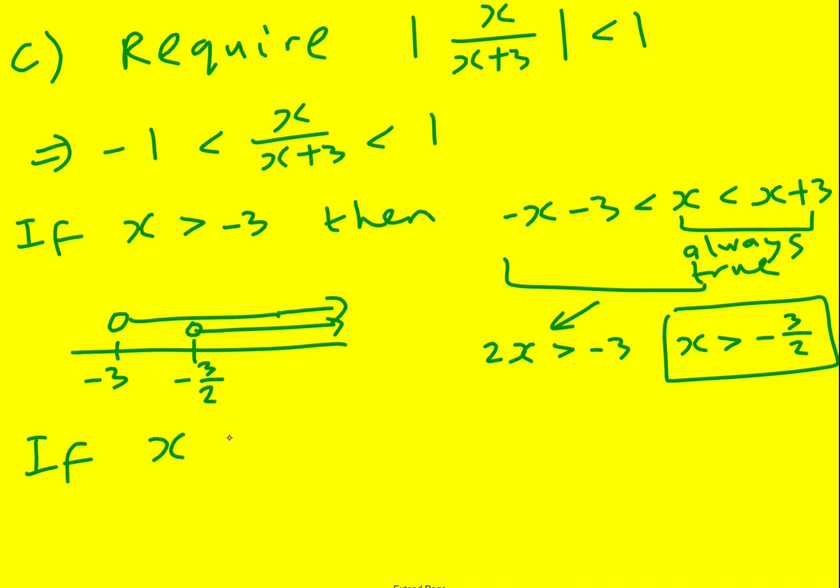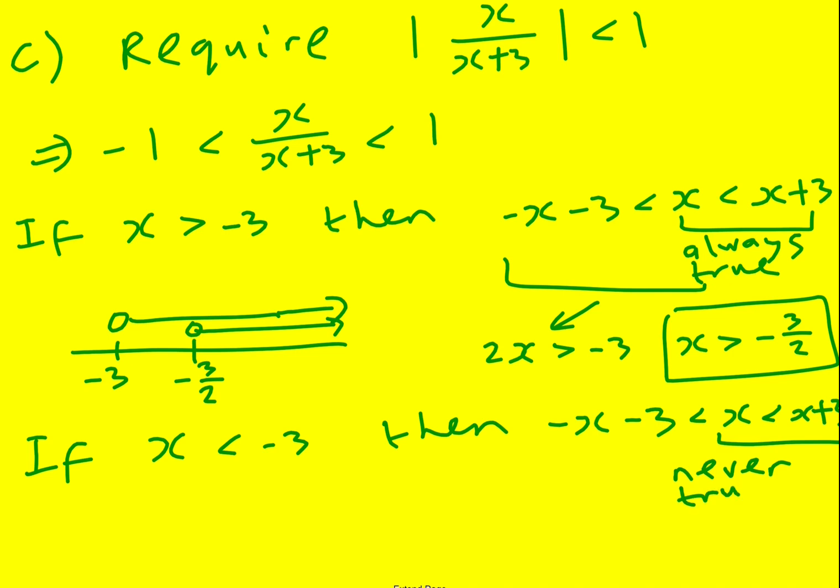If x is then less than -3, then we would do the same thing, but when I times through, I will also have to flip the inequalities around. And this is never true.